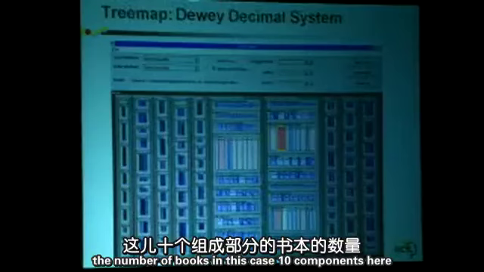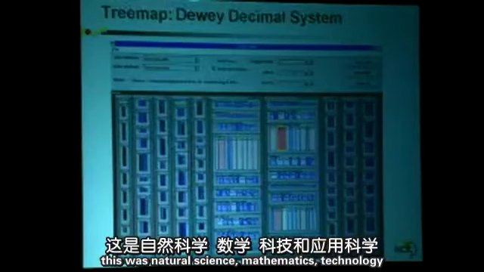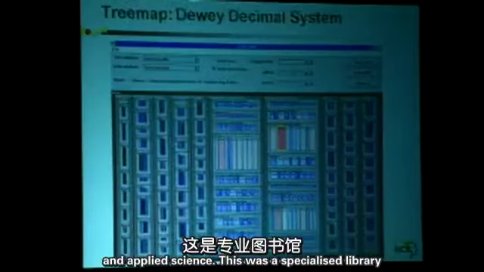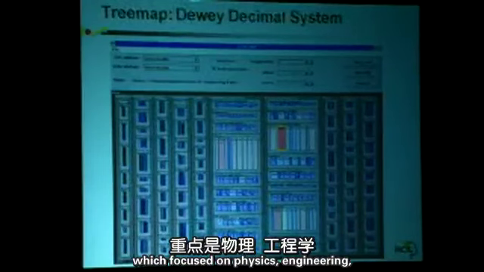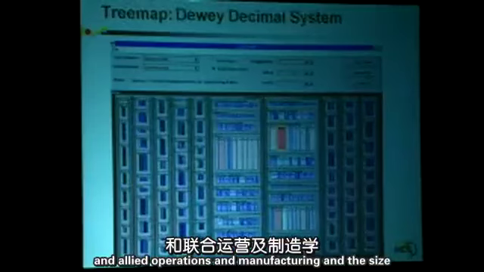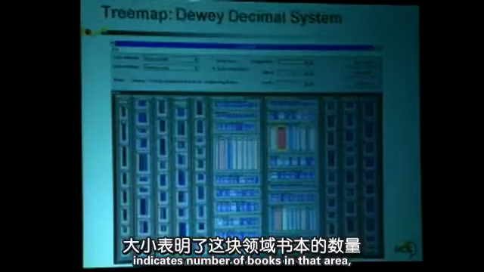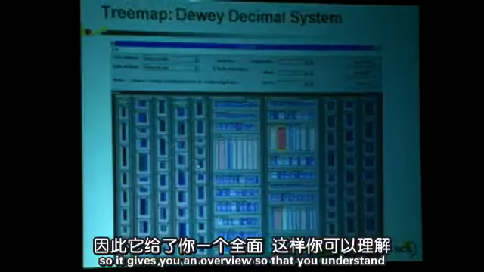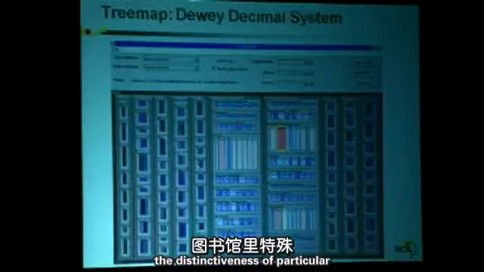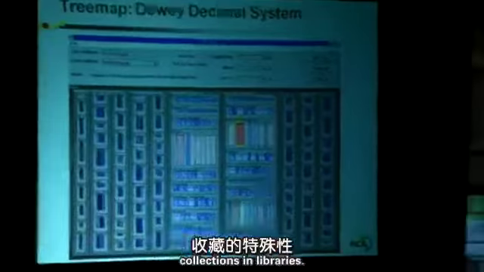In this case, the 10 components here. This was natural sciences and mathematics, technology and applied sciences. This was a specialized library which focused on physics, engineering, and allied operations and manufacturing. And the size indicates the number of books in that area. So it gives you an overview so you understand the distinctiveness of particular collections in libraries.